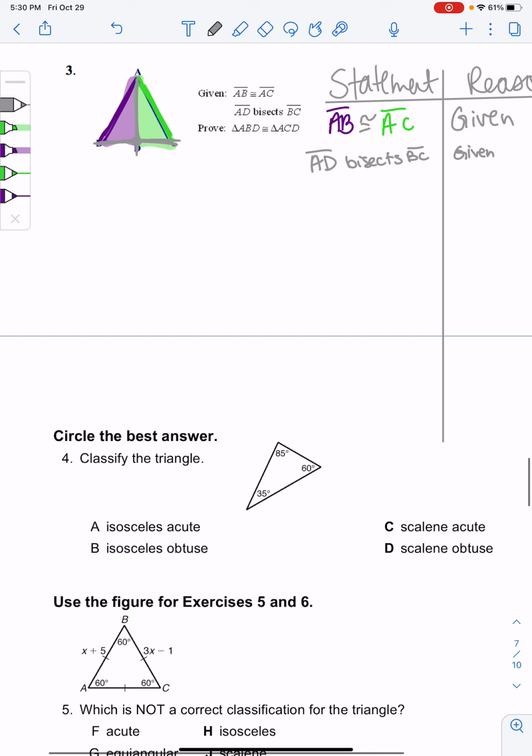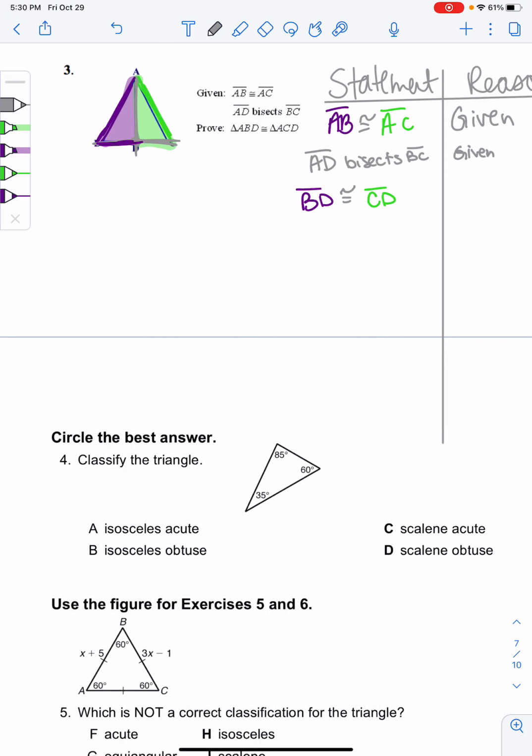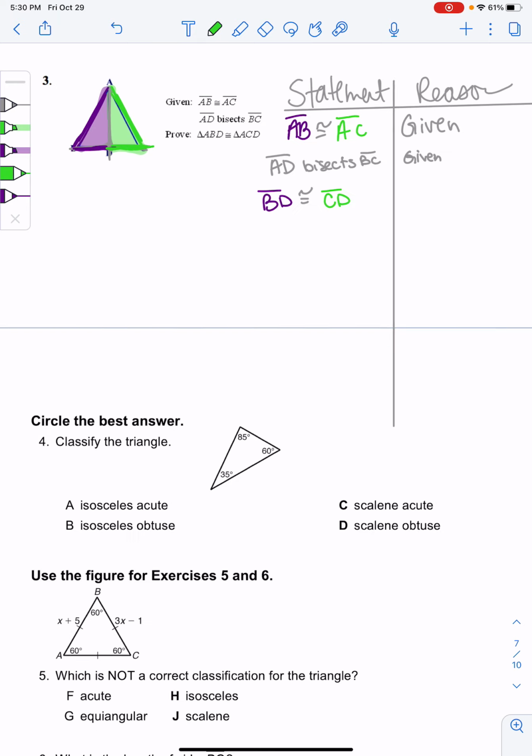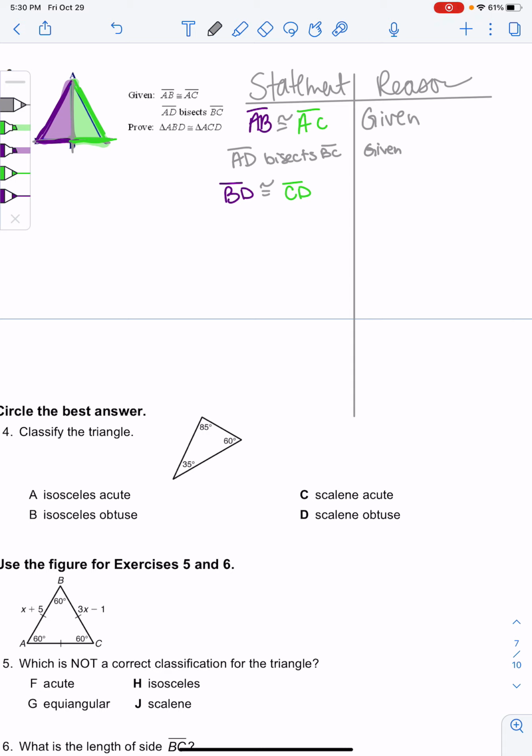Since it bisects, you can say that the purple side, the BD, has to be the same as DC, which is the green side. So CD. And those are the same because bisects means that they cut it literally in half. So this green piece and then the purple piece, they're exactly the same. So our reason would be like definition of bisects, or something about it cutting them in half, or they have to be equal because bisects cuts in half, something like that.